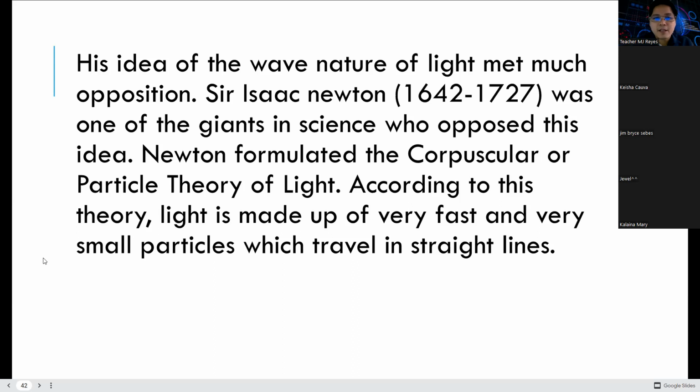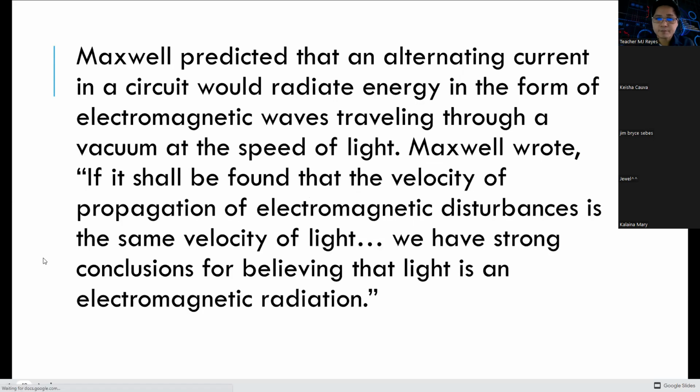According to this theory, light is made up of very fast and very small particles which travel in straight lines. Again, according to Newton, in the particle theory of light, light is made up of very fast and very small particles which travel in a straight line.